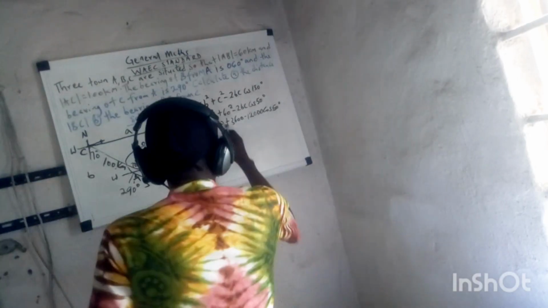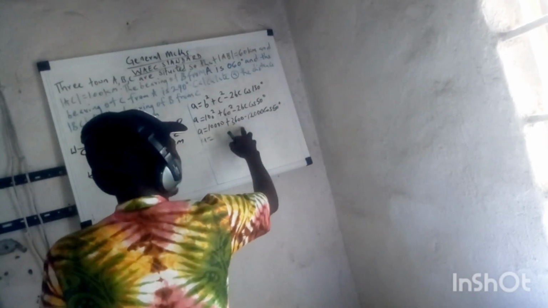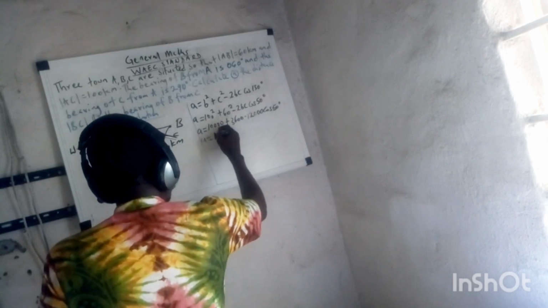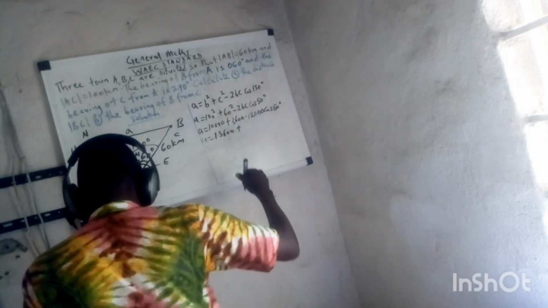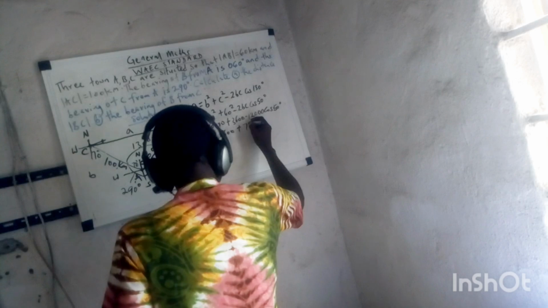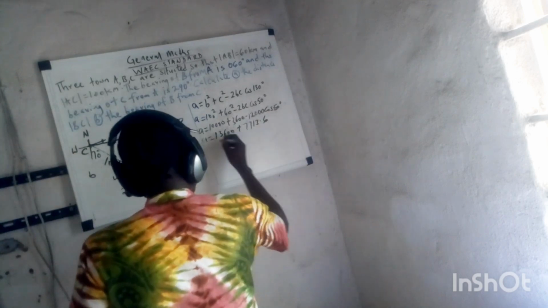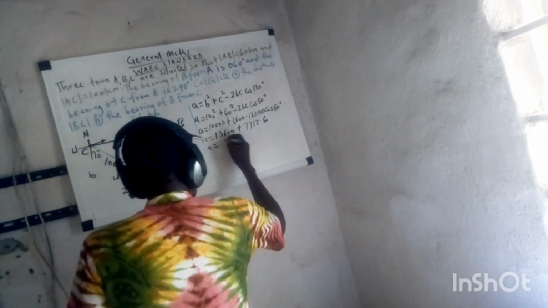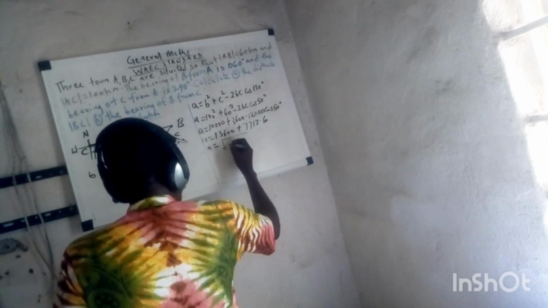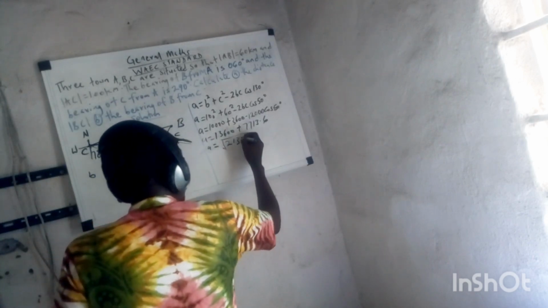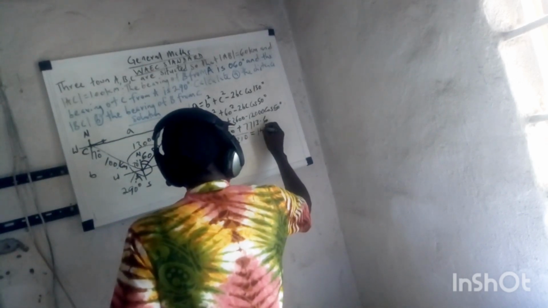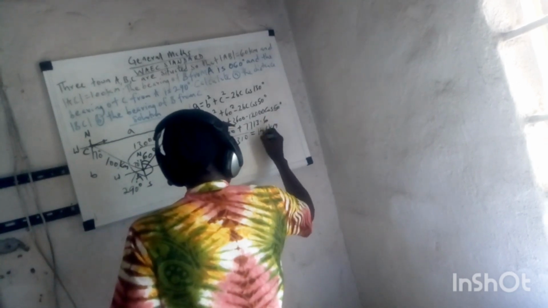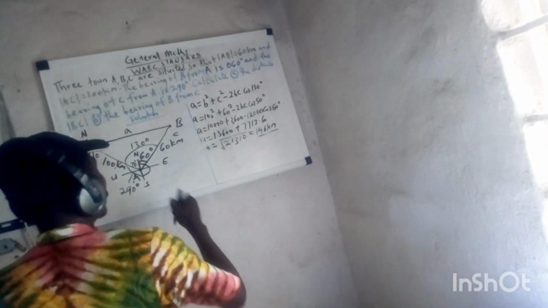We are adding up 10,000 plus 3,600, that gives us 13,600 plus, by the time you multiply, 7713.6. So at the end of the day, it becomes the root of 21310. Eventually, the answer becomes 146 kilometers. So we've been able to get side A.